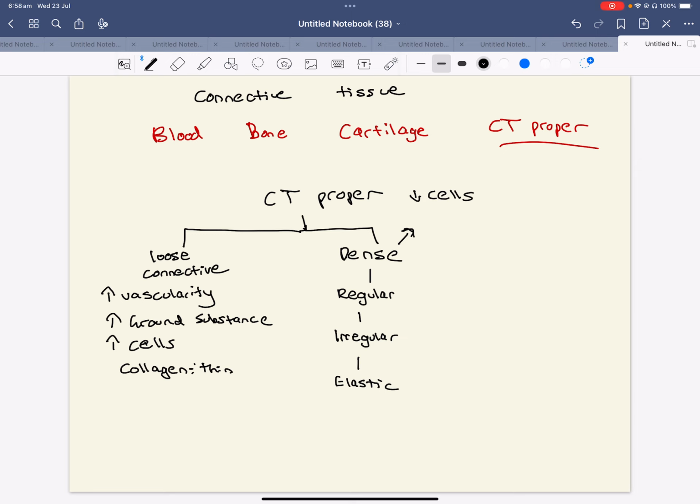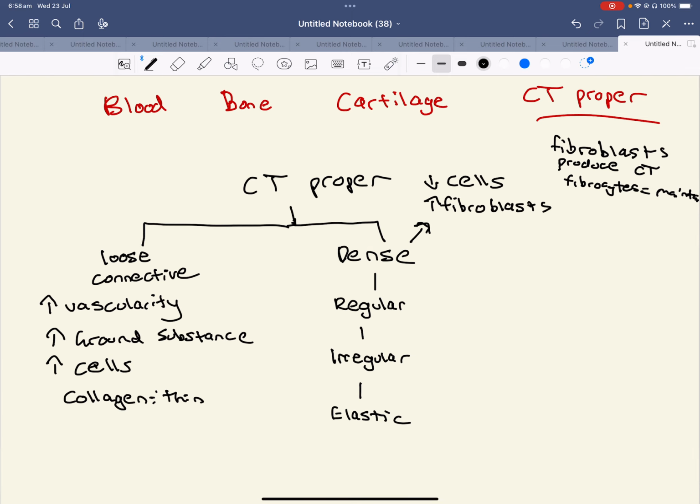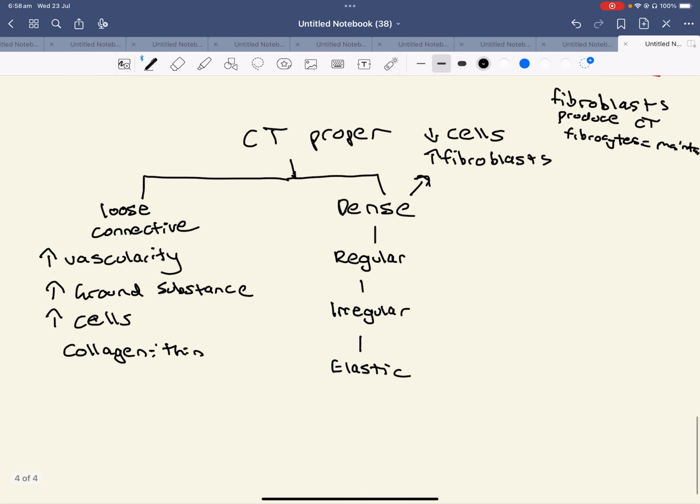It has a lot of fibroblasts. Fibroblasts produce connective tissue, and fibrocytes maintain connective tissue. So we've got a low number of cells, high number of fibroblasts, because it's very dense.